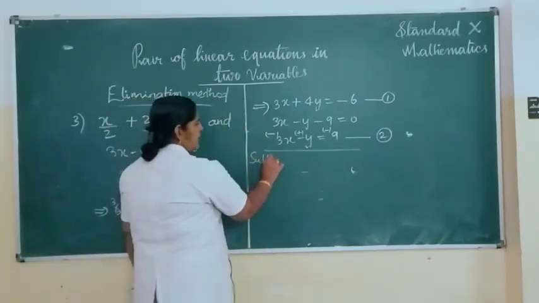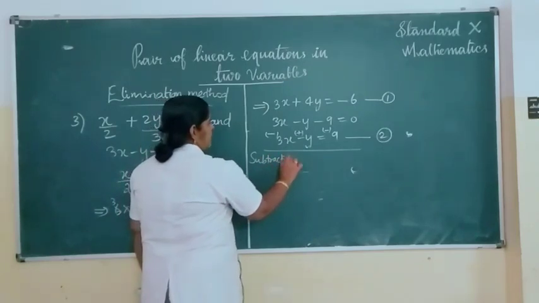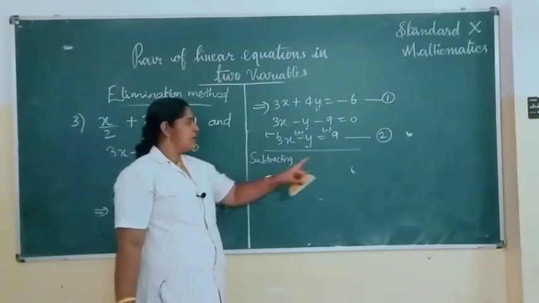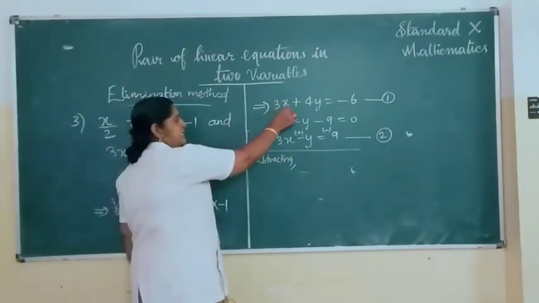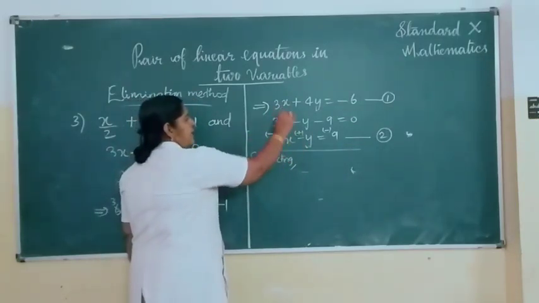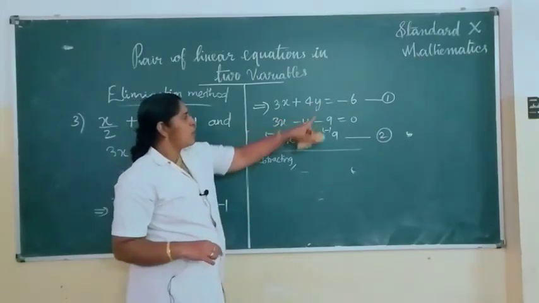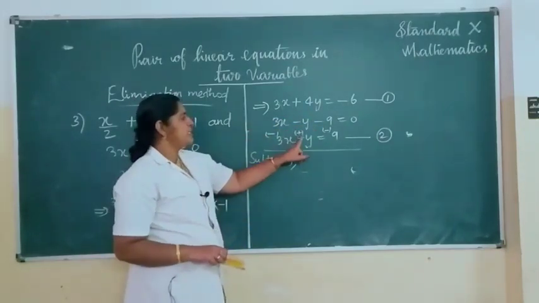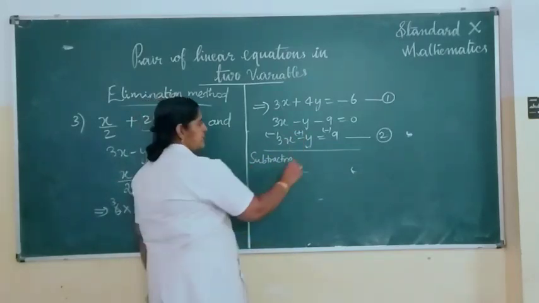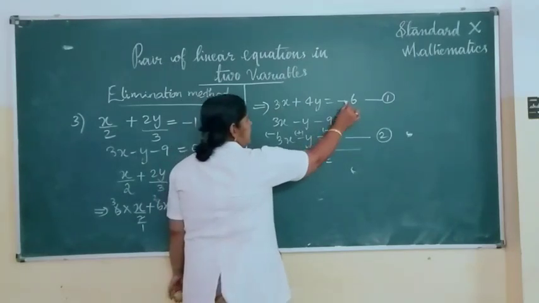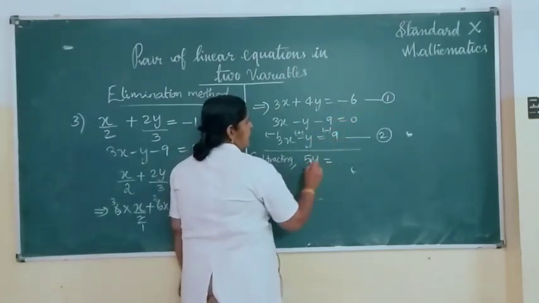So you write there, subtracting. When you subtract, you change the sign of all the terms. Now you know 3x and minus 3x are eliminated. Now what about y? 4y and plus 1y, that is 5y equal to minus 6 minus 9.